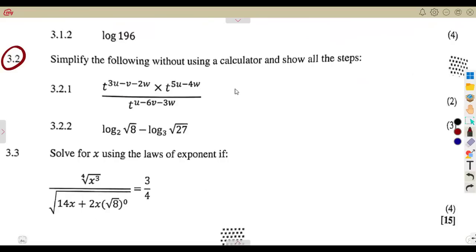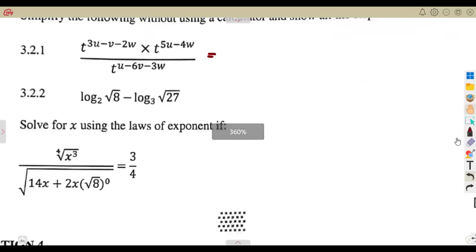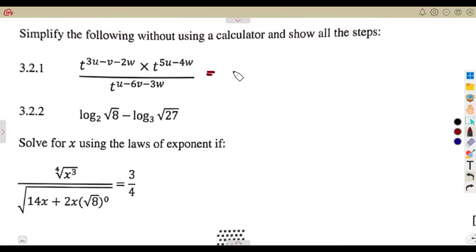All right, so the first part, remember that when you are working with bases which are the same, in this case when you're multiplying, you simply add the exponents. So we're simply going to add. You take this as it is, that is 3u minus v minus 2w, then we add to this one, plus 5u minus 4w.